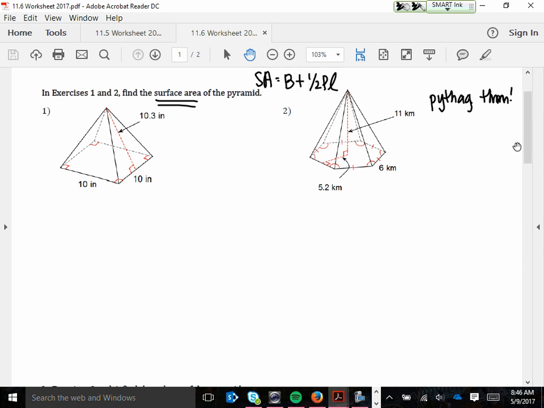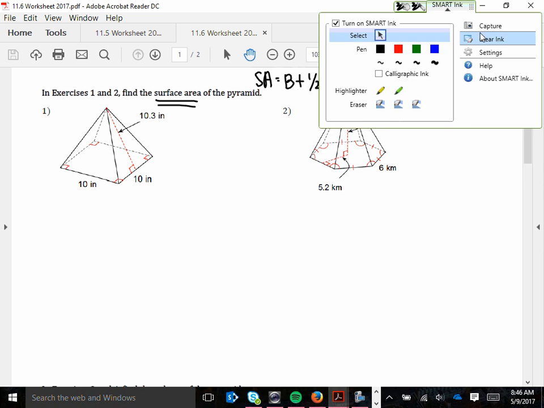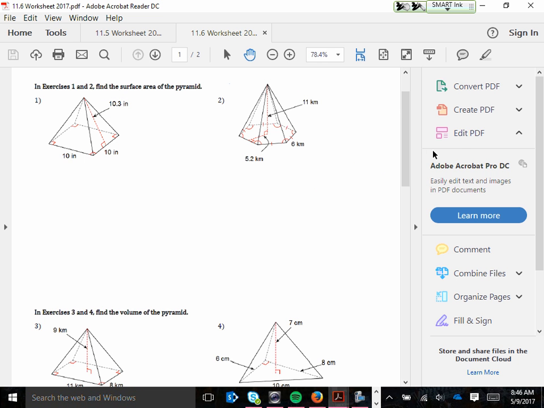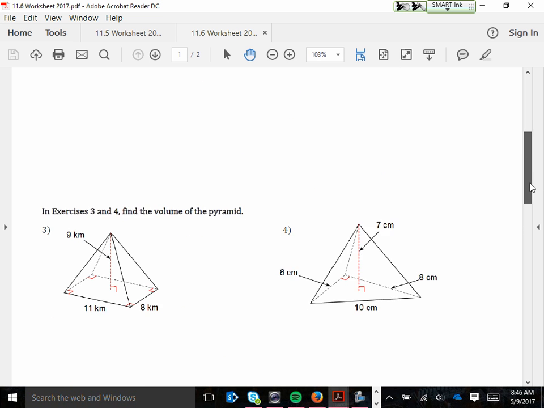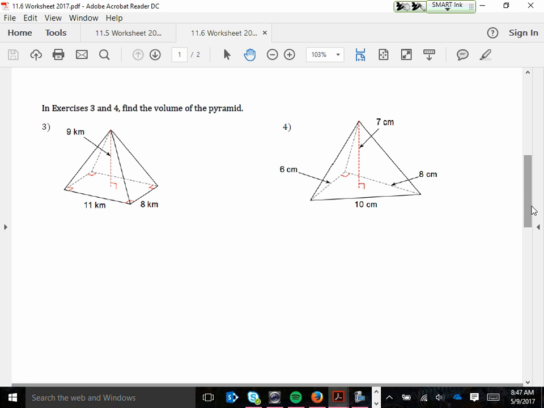And then 3 and 4. 3 and 4 only ask for volume. So you don't need to do surface area, you only need to do volume, which is this formula. You might want to write that down next to the problem.